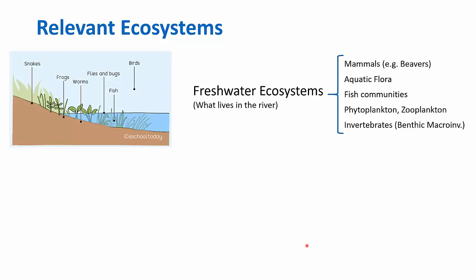Similarly, a lot of people refer to these as riverine ecosystems, freshwater ecosystems. You're going to see a lot of those things in the jargon. And specifically, we're referring to some mammals, some beavers, some aquatic flora, some fish communities, some of the basic food chain, in this case phytoplankton and zooplankton, and some invertebrates.